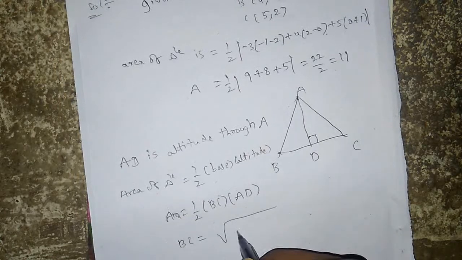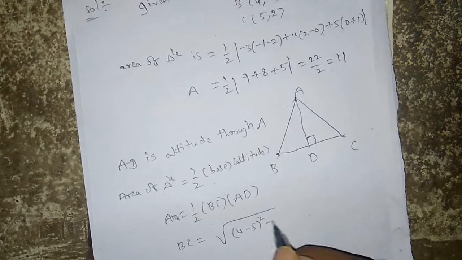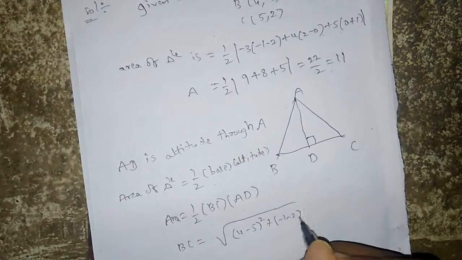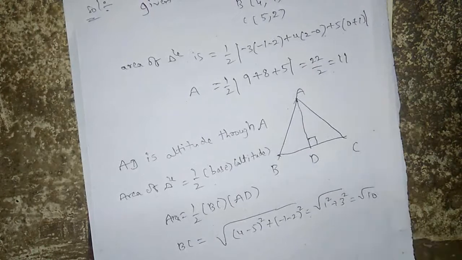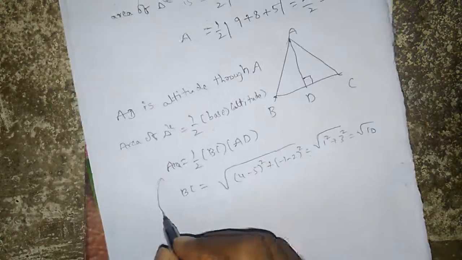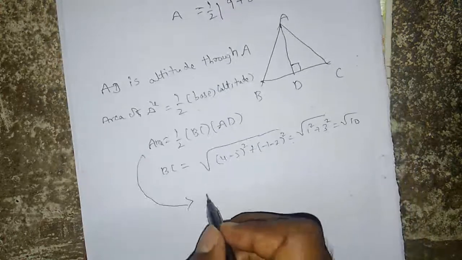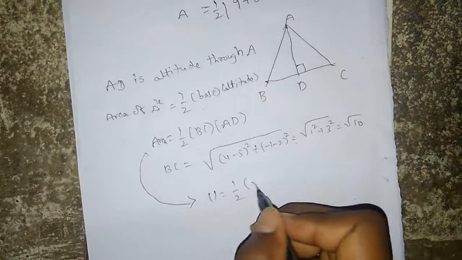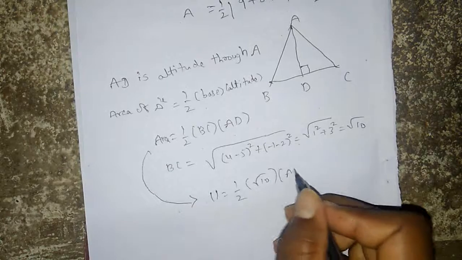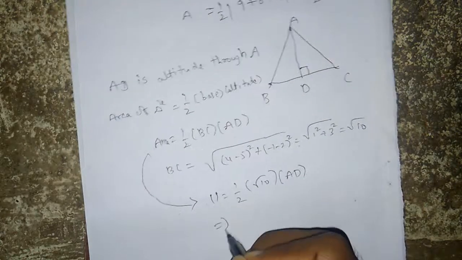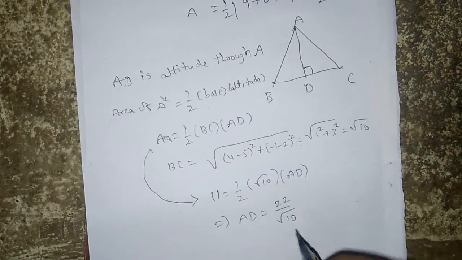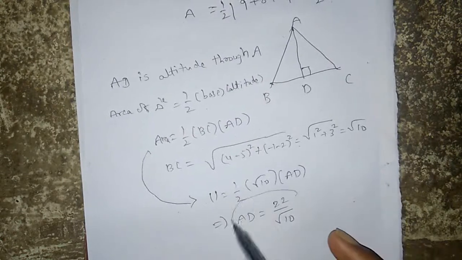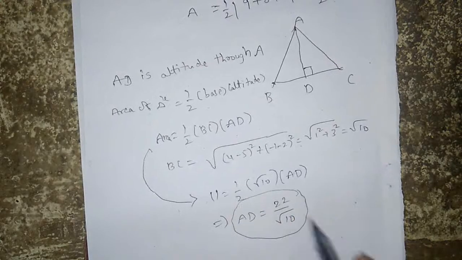BC is equal to root of 4 minus 5 square plus minus 1 minus 2 square, that is root of 1 square plus 3 square, that is root 10. Now substitute here, area is 11, 1 by 2 into BC is root 10. Now AD length we need to find. There implies AD is equal to 2 11s are 22 by root 10. Length of altitude through A is 22 by root 10.